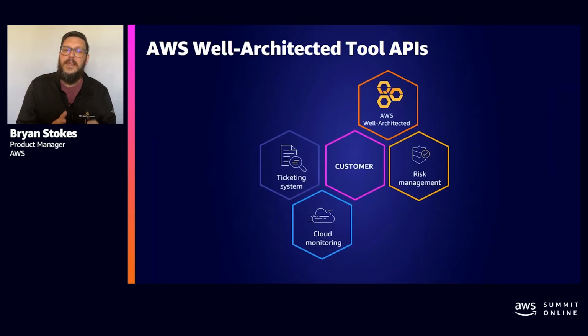By adding these APIs, it opened the doors for customers and partners to create an interconnect between the best practices and insights AWS offers and the systems and processes they use to monitor their cloud environment, to manage their IT risks, and the tools they use to track and prioritize actions their teams take on.